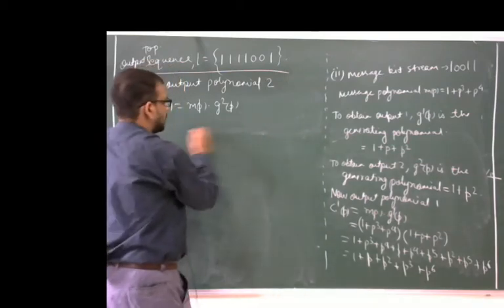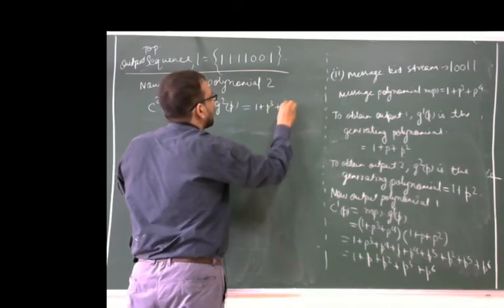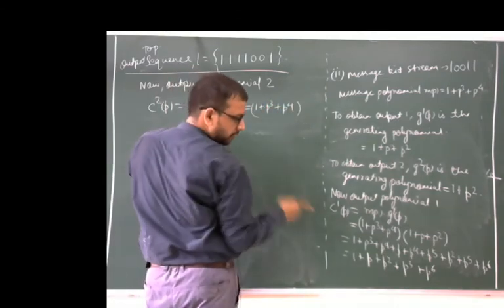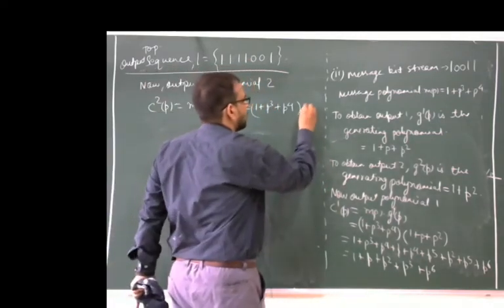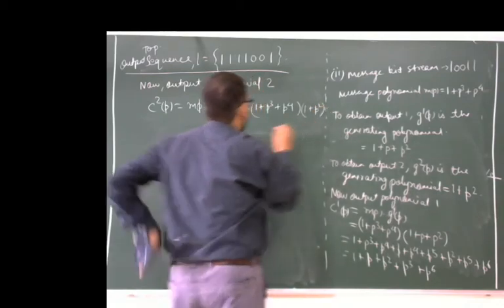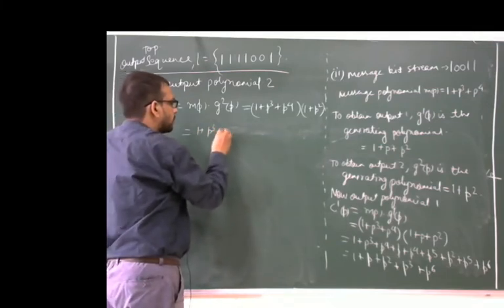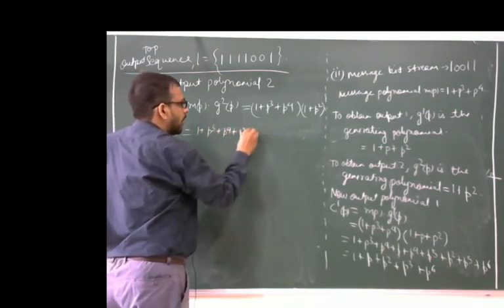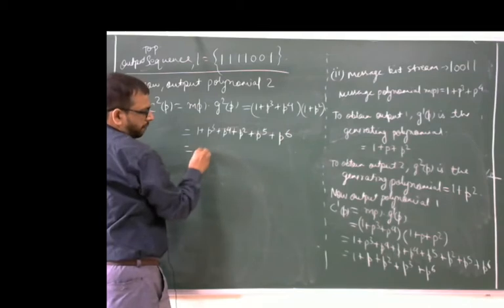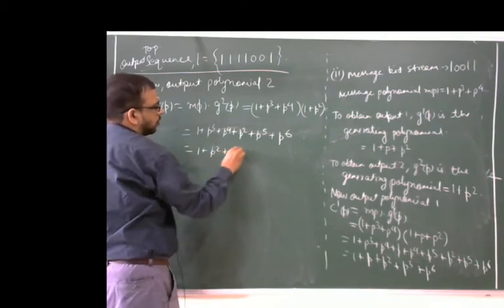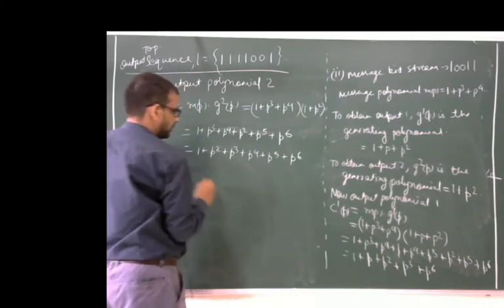Simply write here is equal to MP, 1 plus P cube plus P to the power 4, and G2P is equal to 1 plus P square. We simply multiply 1 plus P cube plus P to the power 4 by 1 plus P square: 1 plus p square plus p cube plus p to the power 4 plus p to the power 5 plus p to the power 6.